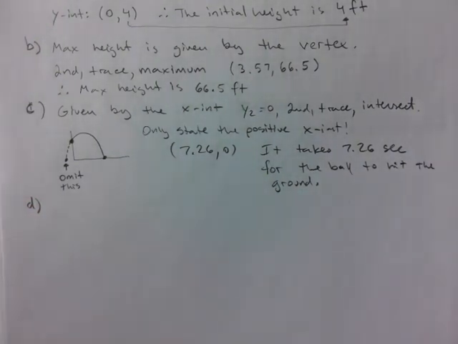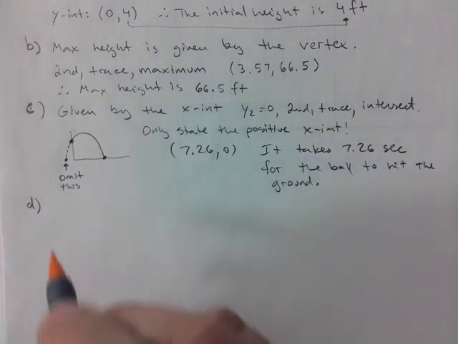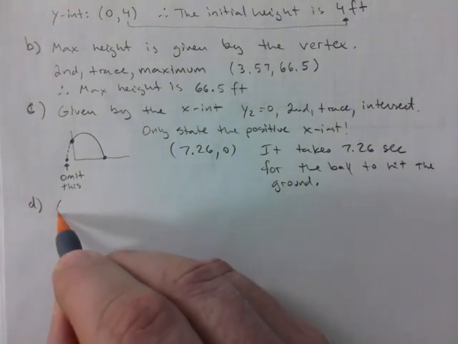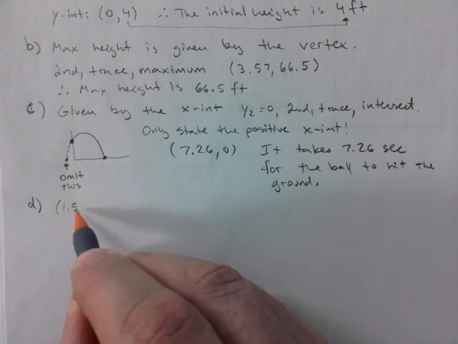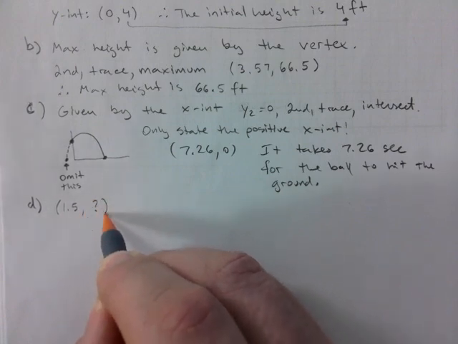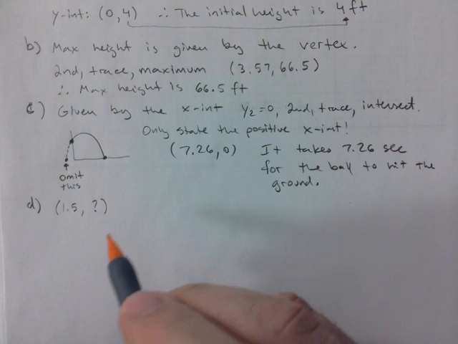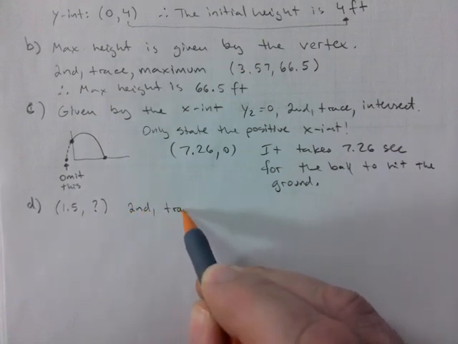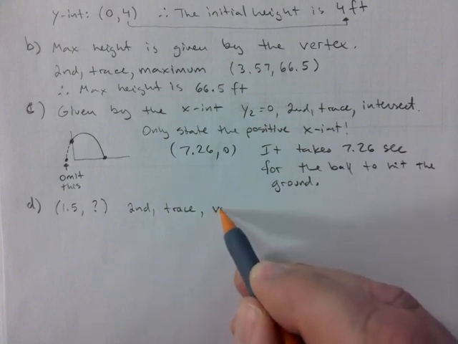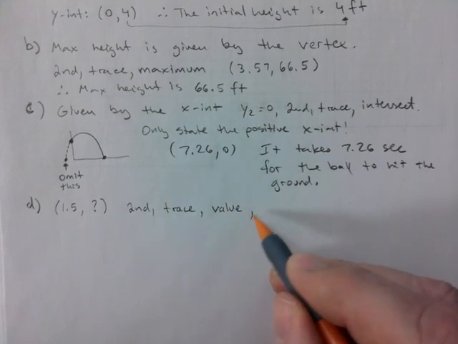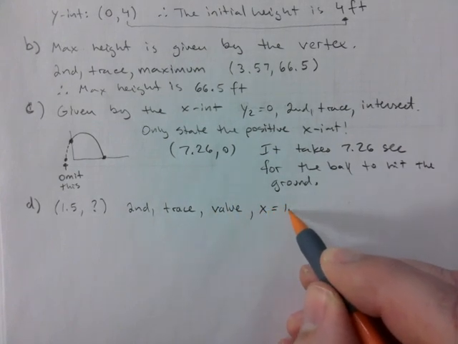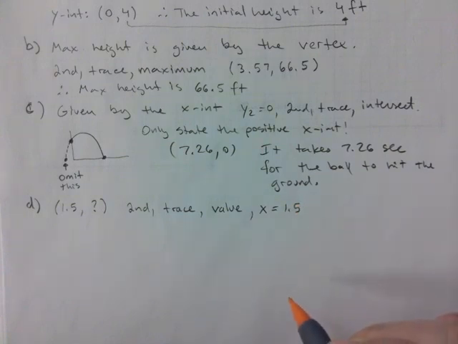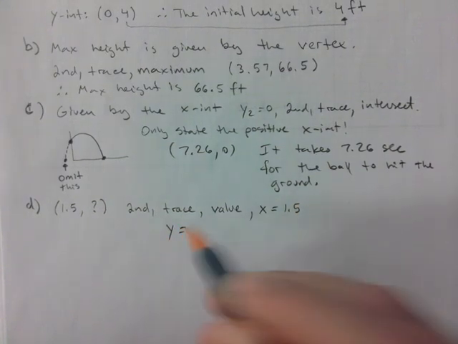What does D say? Calculate the height of the ball 1.5 seconds after being hit. So basically, if time is 1.5, then what is the height? That's what it's asking. So we would go second, trace, value, and you let x equal to 1.5. Okay. So let's figure out what the y value is there.